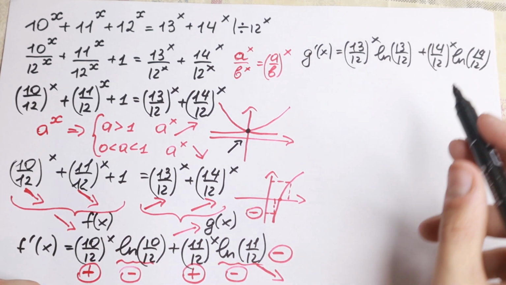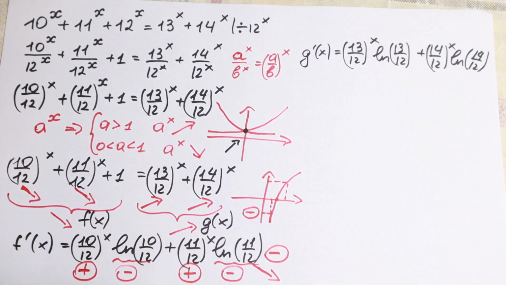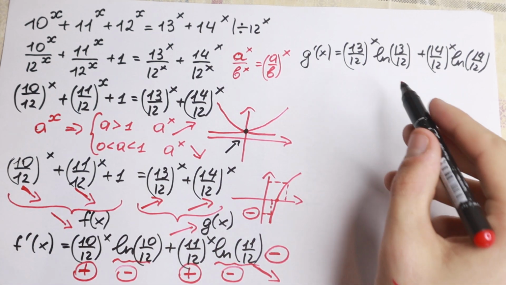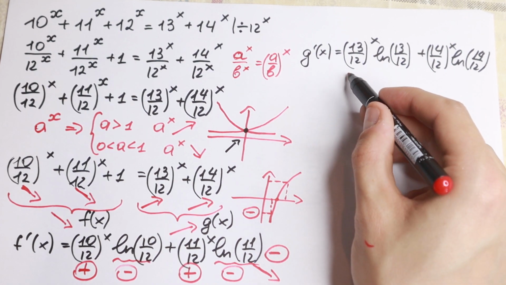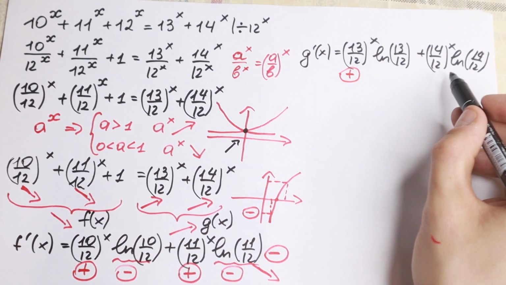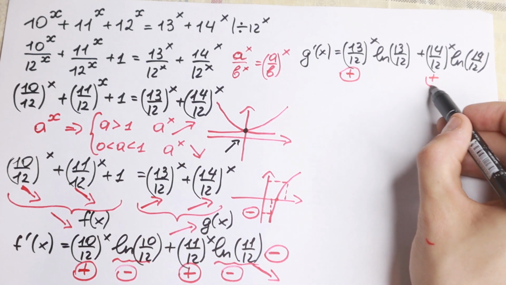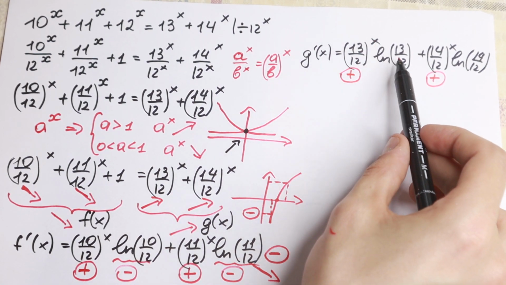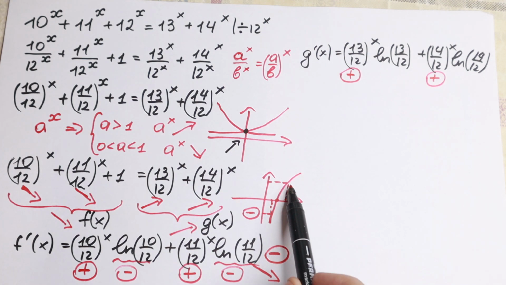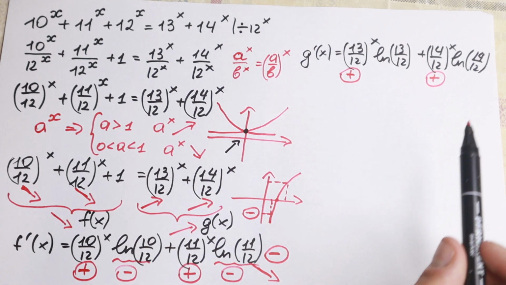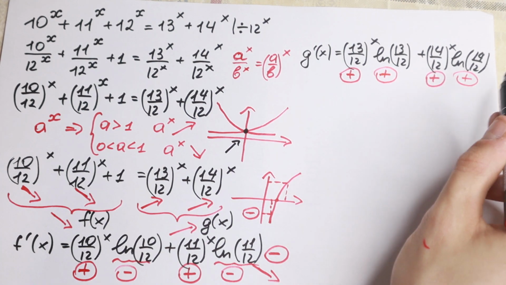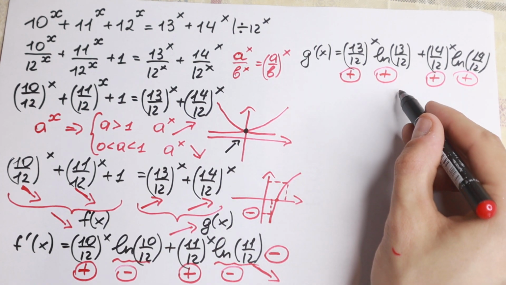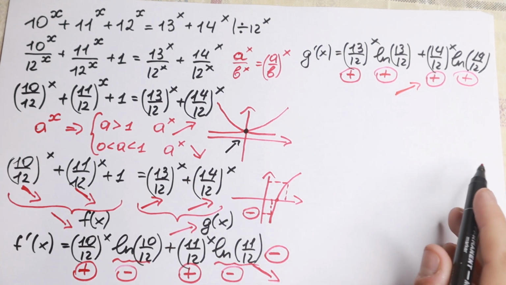Of course we can cancel 14 over 12 a little bit, but take a look. We'll have the same situation as in this case, because (13/12)^x is positive, and right here this is positive as well. What about the log? If the base is greater than 1, we will have that y is greater than 1 as well. So right here we have positive and positive. So the sign of the function is positive, so g(x) is an increasing function.